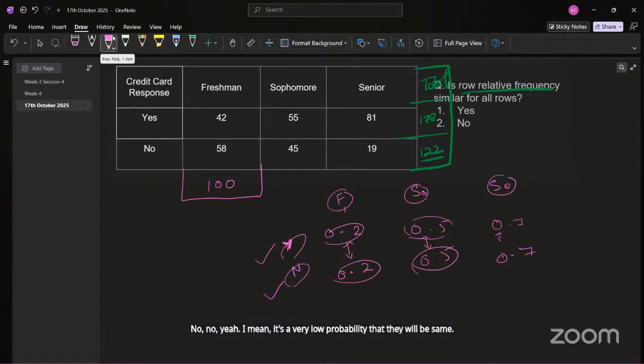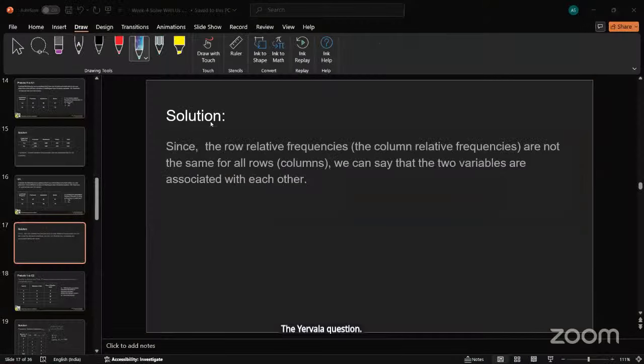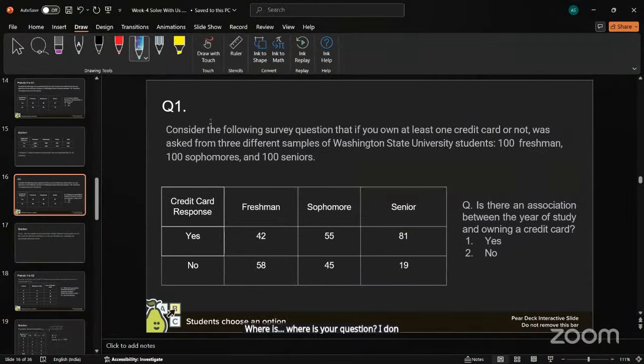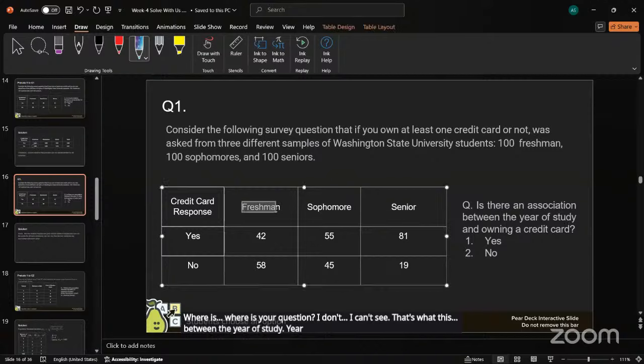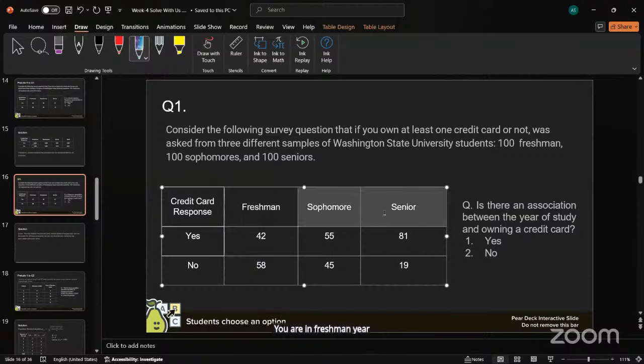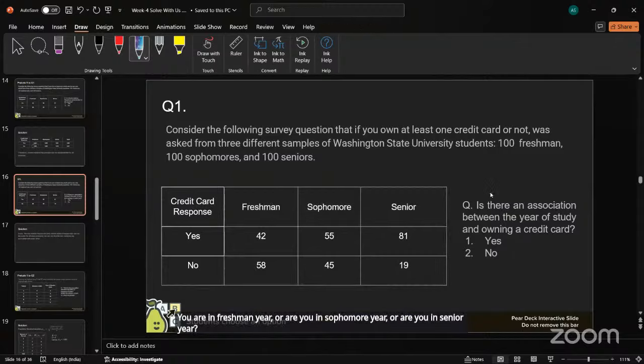Sir, in the year question, what is it trying to say, what is the answer? Where is the year question? I can't see. It is the year of study between. Year of study is freshman, sophomore, or senior. Are you in freshman year, or sophomore year, or senior year?